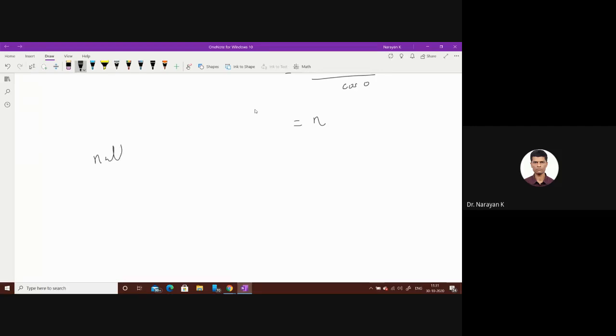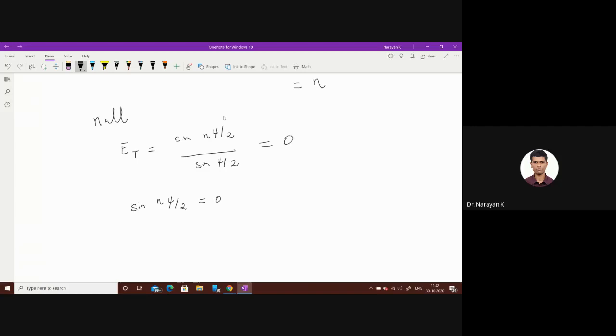Null direction in case of broadside array. The total electric field E_T is sine of n psi by 2 divided by sine of psi by 2. For null direction, you have to equate this to 0. If you equate this to 0, sine of n psi by 2 can be equal to 0. Can the denominator be equal to 0?